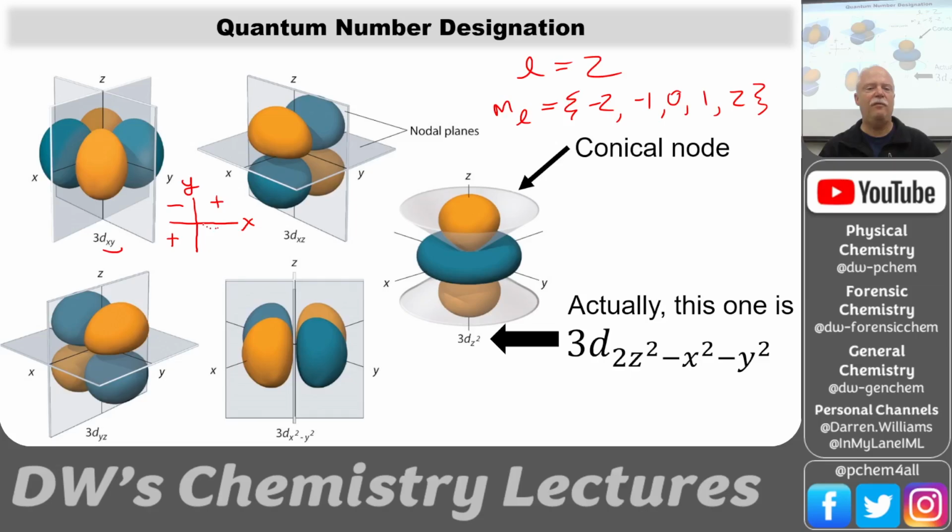And then over here, I have positive X values multiplied by negative Y values, so that's negative. So you see this four-quadrant plus-minus oscillation. And that's how you determine that's an XY orbital. If you're looking in the XY plane and you see plus, minus, in this case, this little blue thing is plus, this over here is plus, the oranges are minus.